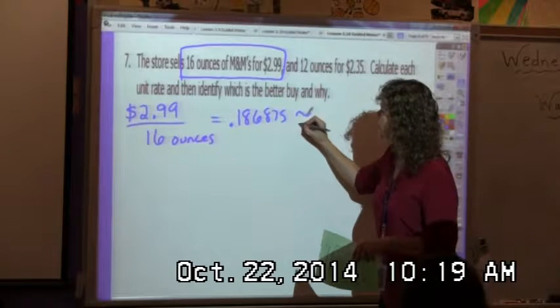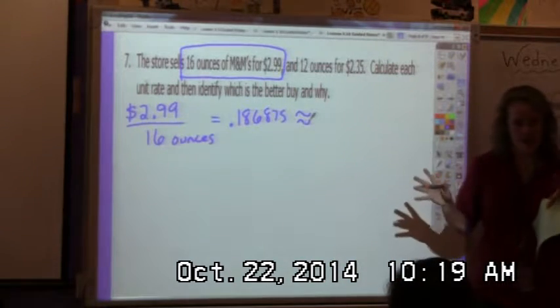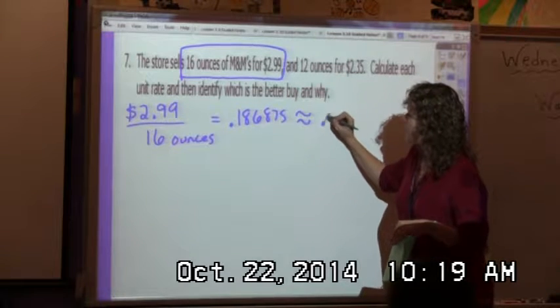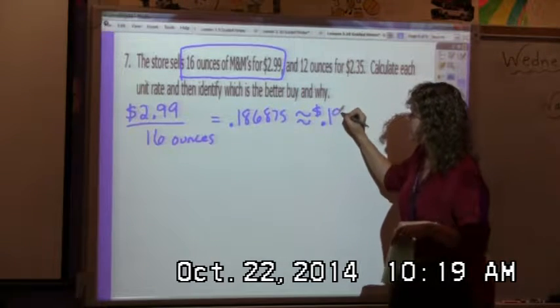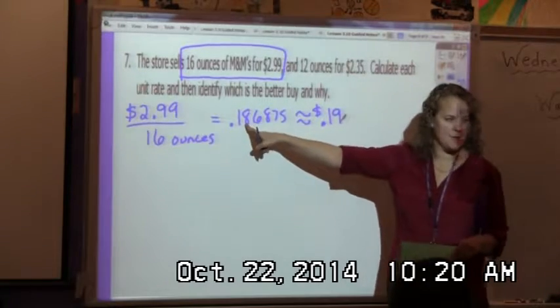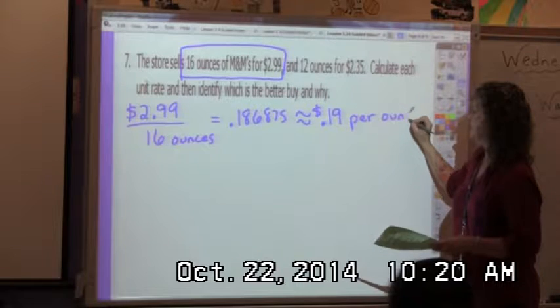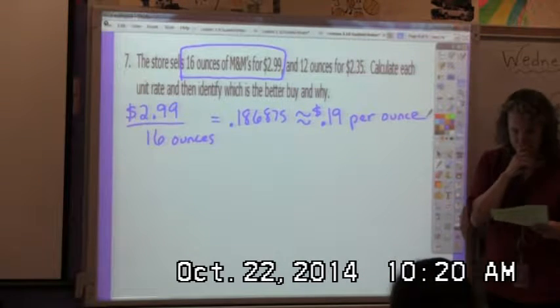Let's round that. I use the squiggly equals to say approximately equal to 19 cents. This time I bumped it up because there was a 6 after the 8. 19 cents per ounce of M&Ms.